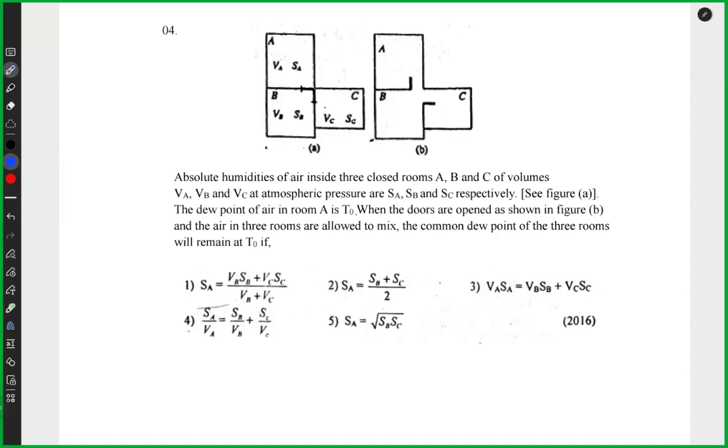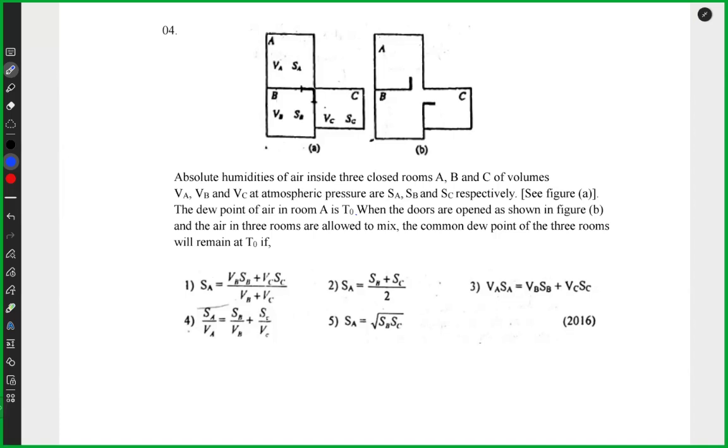So basically, when you go from setup A to setup B, if you need to have the same dew point, you need essentially to have the same environment. This is the IQ part of it, to feel this picture.